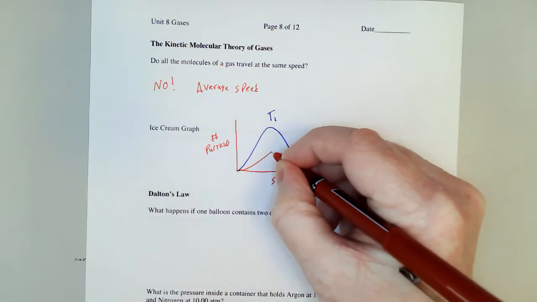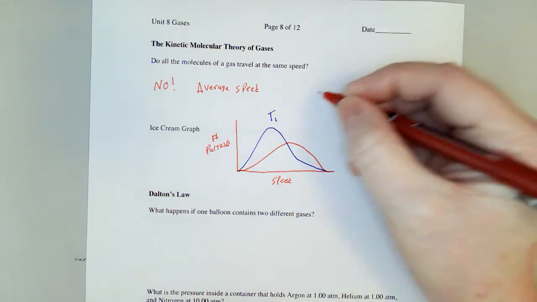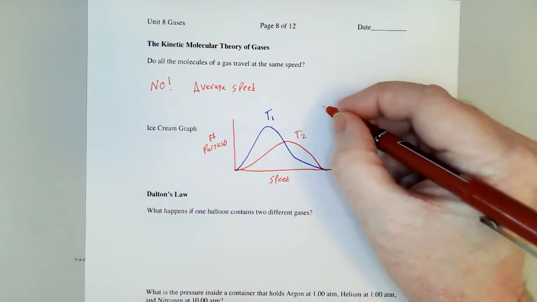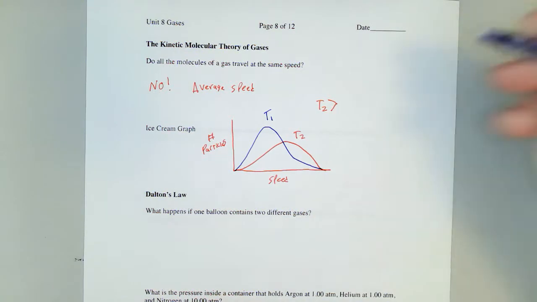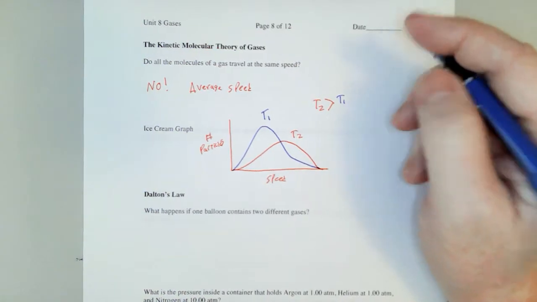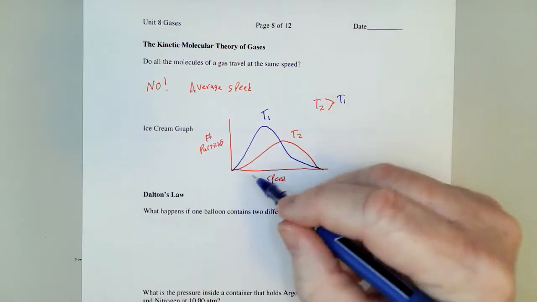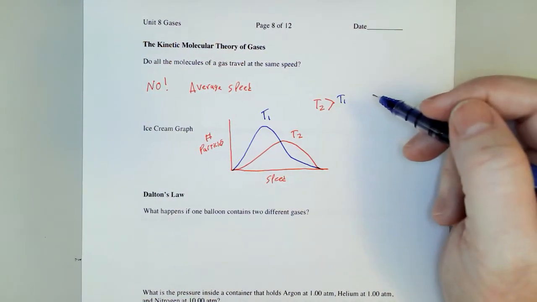Now, if I raise the temperature to T2, and we know that T2 is greater than T1, what we can say is that the average speed has increased.